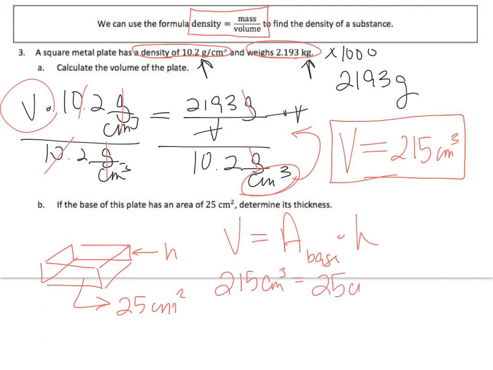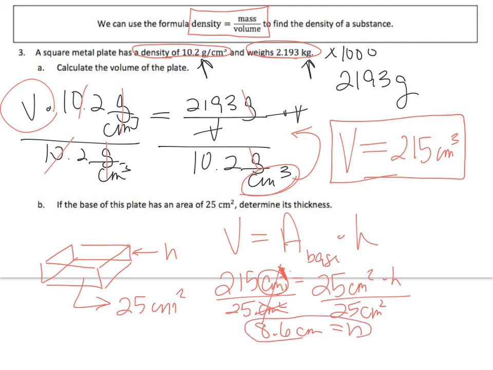Area is 25 centimeters squared times height. So if we divide, 215 divided by 25 is 8.6. Centimeters squared on the bottom, and centimeters cubed on the top, so we're left with a centimeter. Equals H. Awesome, we got it. So we got volume, and then we went ahead and finished that problem to get our height, 8.6 centimeters high.